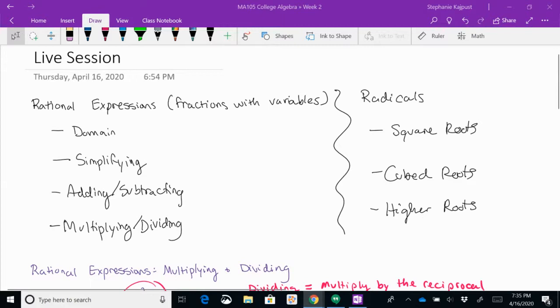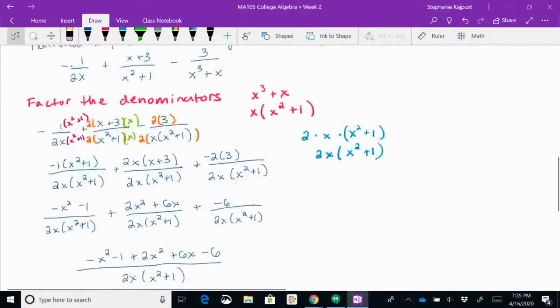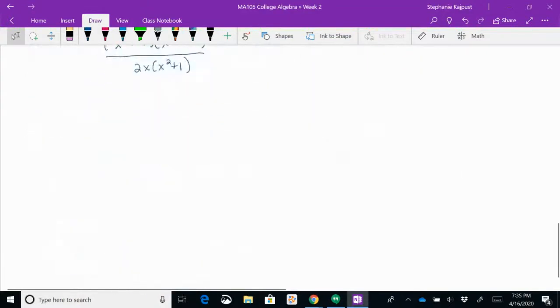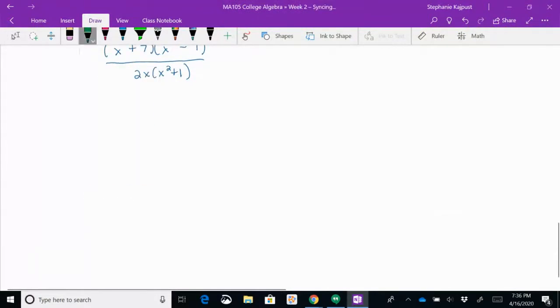Okay, you guys all match. You all want to see a higher root. Okay, radicals, a higher root.